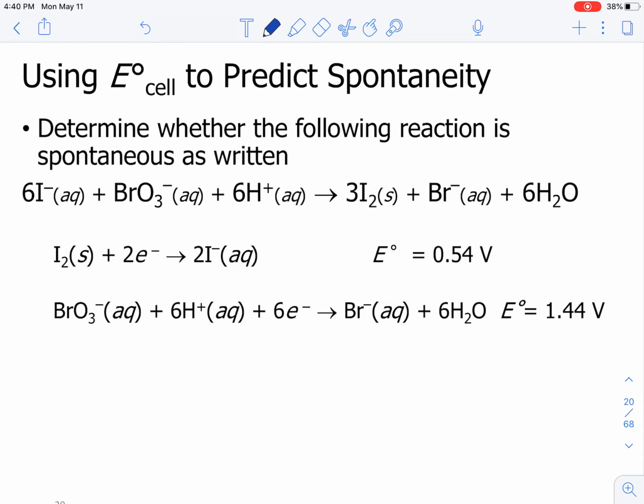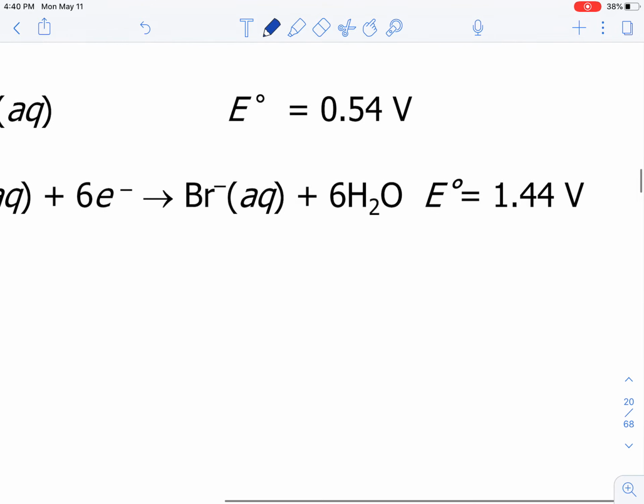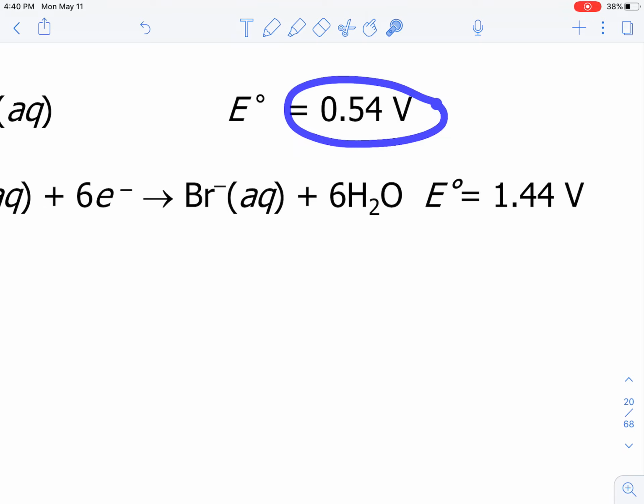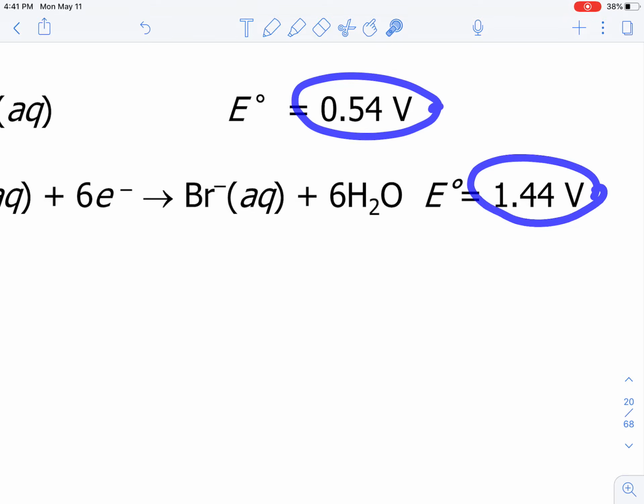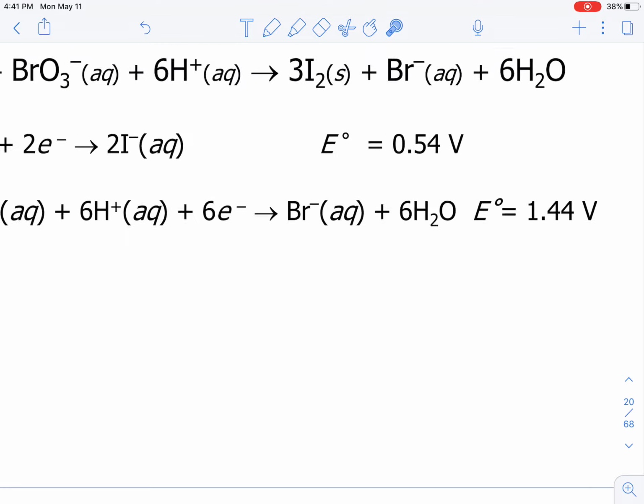And so for us to do so, we need to determine whether this value is going to represent reduction, or this value is going to represent oxidation in our calculation.